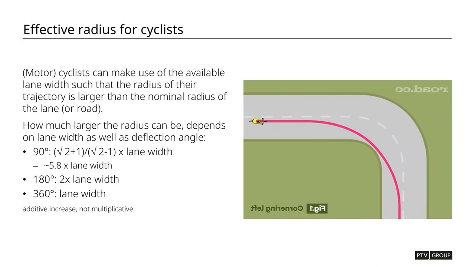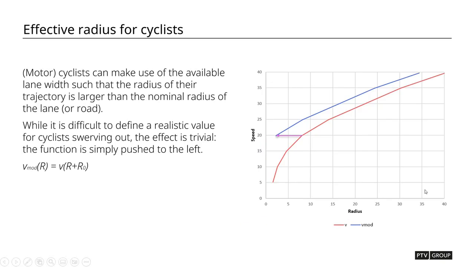That's shown here. And here you can calculate that if the cyclist really uses the full width of this lane on both sides, then the radius would be 5.8 times larger than the inner radius here. And that would mean that you just shift the entire function parallel to smaller radius values.